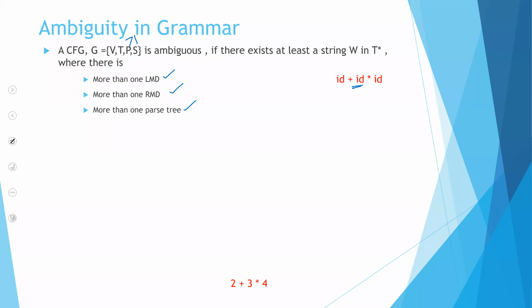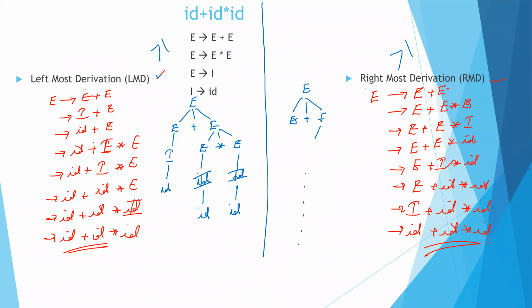I'll just quickly go into the previous example. Now look here. Here, you started with E is E plus E. In the same example, you can even start by doing E is equal to E into E, and you will get the same answer. Here also, you can start with E into E because E is the start symbol. E can either be this, or this.